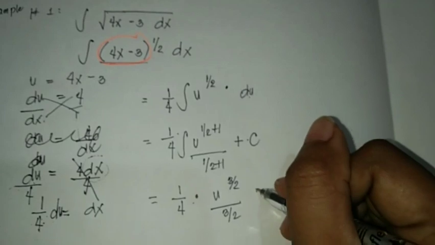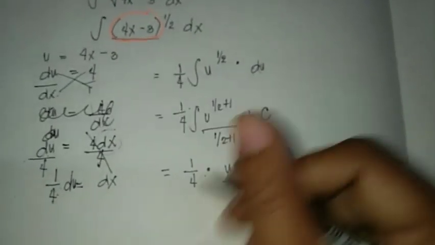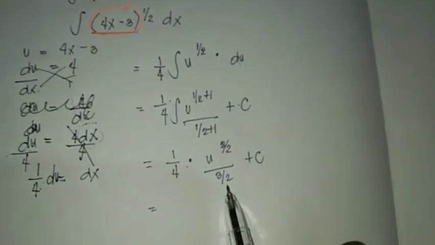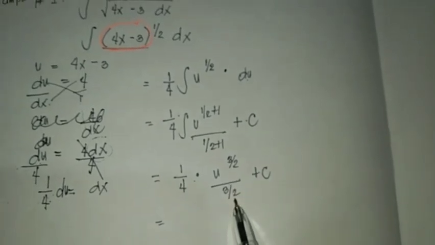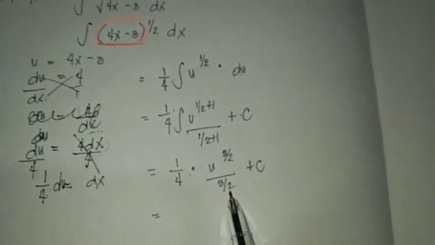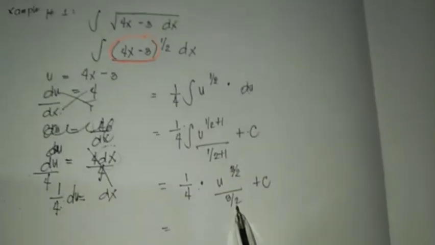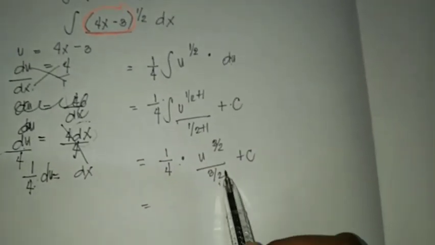Let's copy the constant. Since our denominator is in a fraction form, we need to simplify it through a reciprocal.